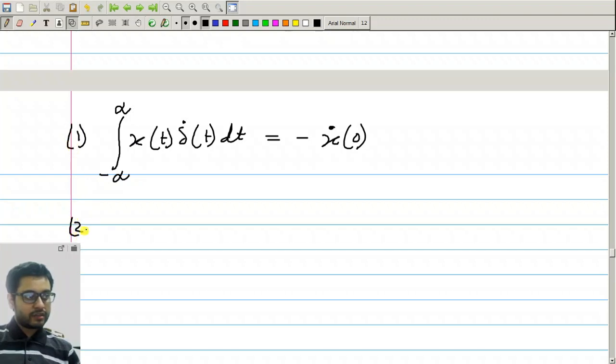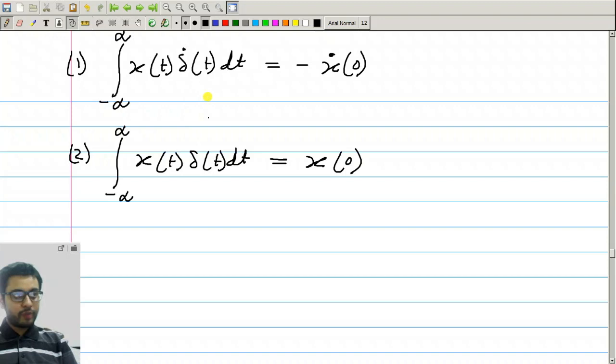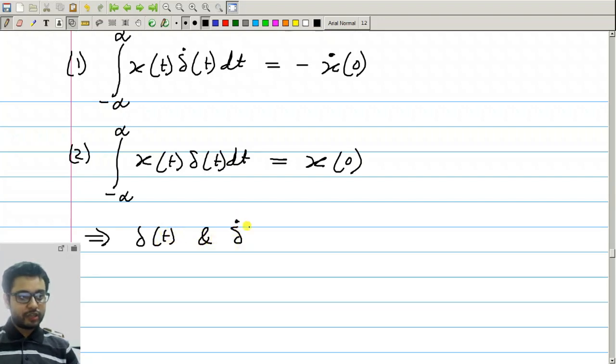However, recall that xt delta t integrated from minus infinity to infinity gives x of 0. So from these two we can say that delta t and delta dot t are not the same.